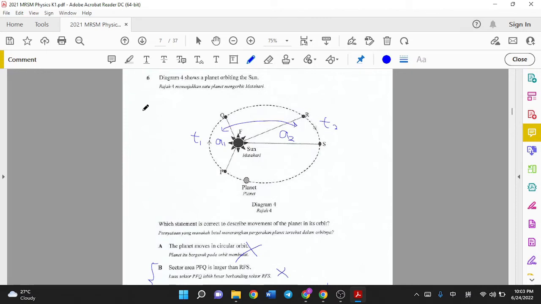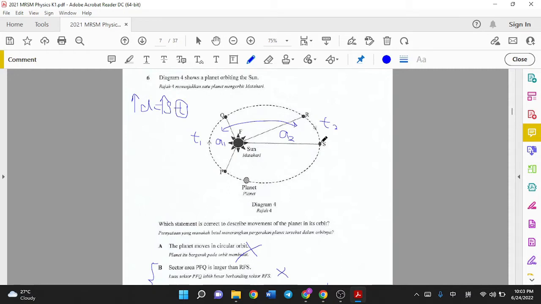So you have distance equals speed times time, s = vt. When t is constant and the distance increases, the speed should also increase. So for the planet to reach point Q in the same time as it takes to go from R to S, the speed will be larger. So the speed at PQ will be larger than at RS.